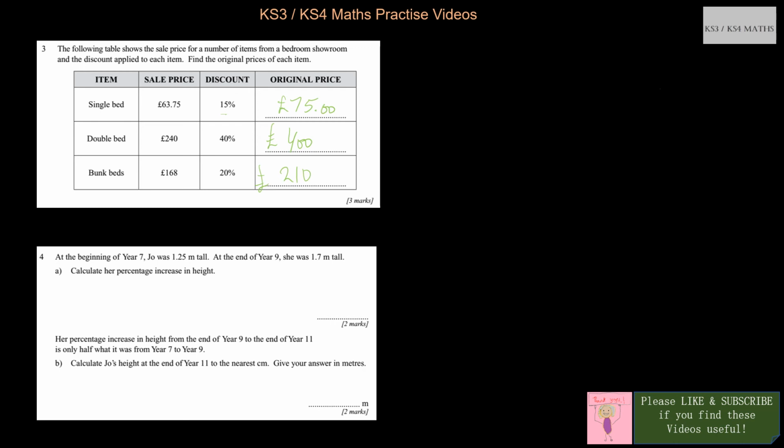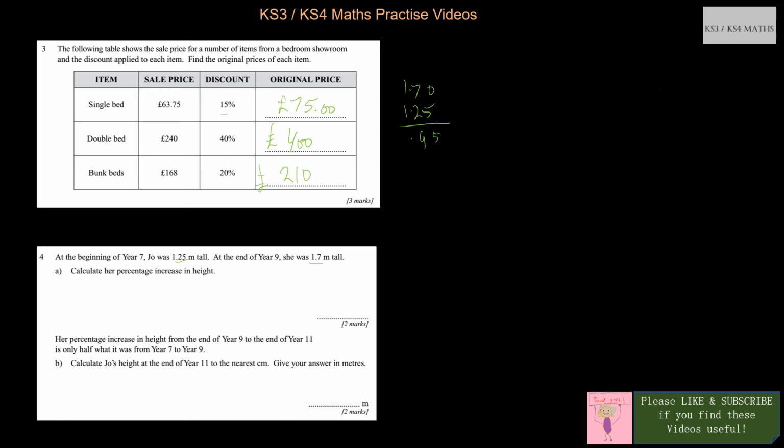So how are we going to do this? Well, it's quite straightforward. What we have to do is find the increase in height. So it's 1.7 minus 1.25, which gives 0.45.